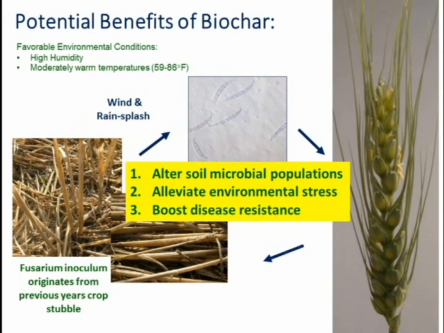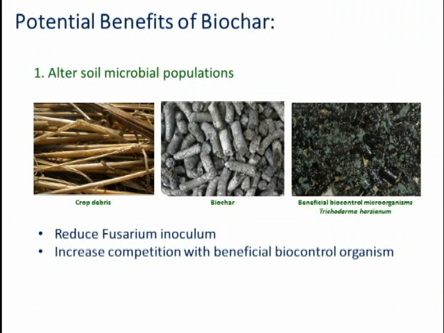So in thinking about it, I came up with this basic hypothesis that we could collect that crop debris residue, turn it into biochar with a byproduct, hopefully, of bioenergy, and then fortify that biochar with beneficial micro and biocontrol microorganisms and spread it back into the field. The ultimate goal would be to reduce the Fusarium inoculum, but also introduce into that microbial community additional beneficial biocontrol organisms which could compete with Fusarium as the inoculum.